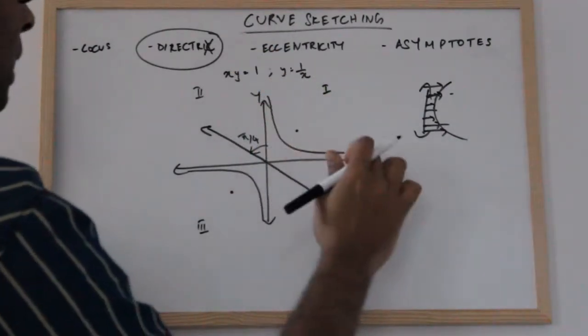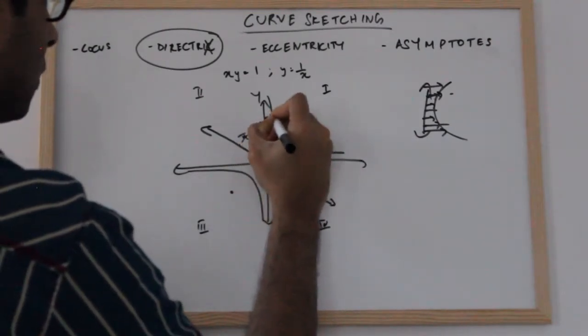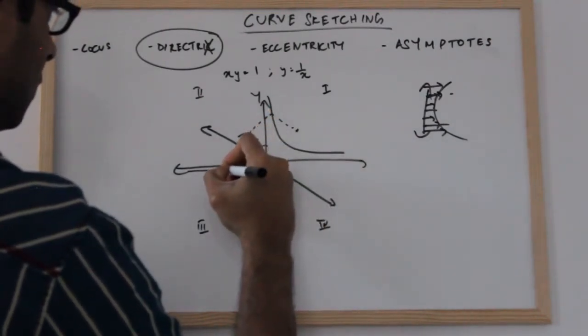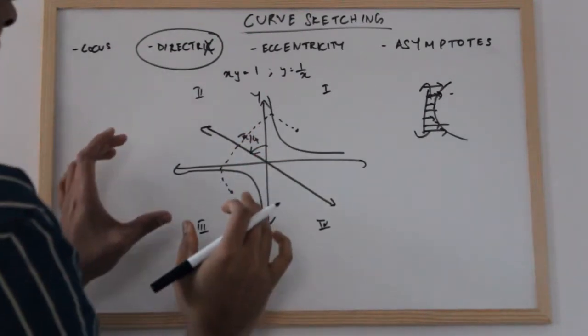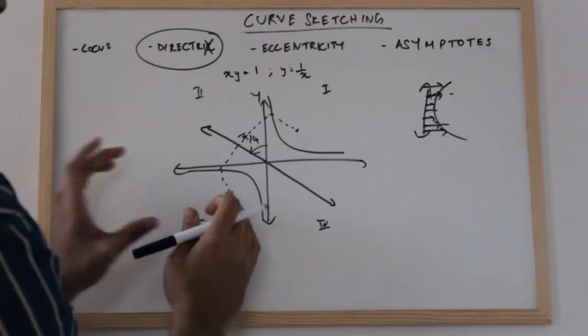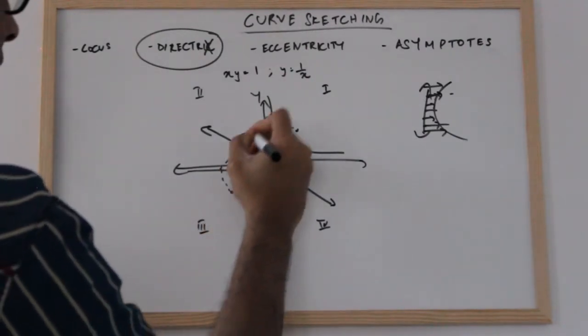Hyperbola is defined by the ratio between the distances from the focal point and the distances from the directrix.